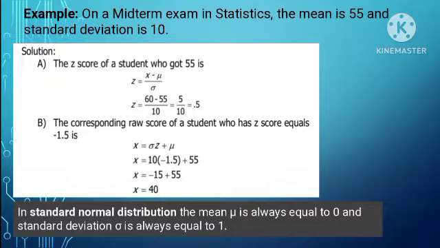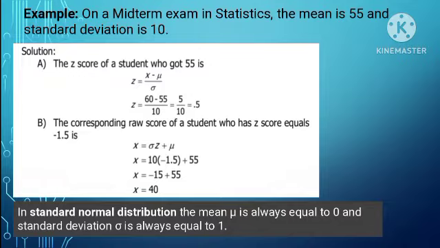To find the z-score of the student who got 60, use the z formula. z is equal to 60 minus 55 over 10. 60 minus 55 is 5, then copy the 10, then 5 divided by 10 is equal to 0.5. Therefore, the z-score of the student who got 60 is 0.5.